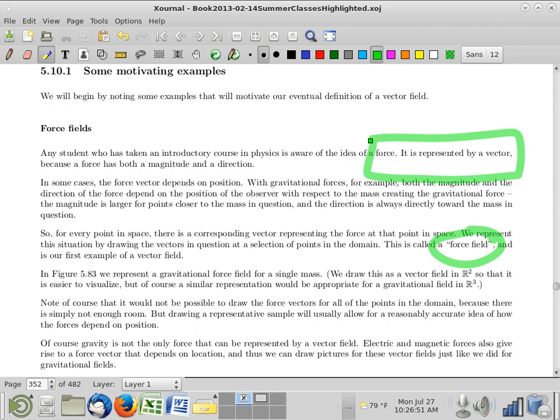This remote control is not applying a force that way to my hand. It's applying a force that way to my hand. So magnitude and direction. A force field is a very closely related idea, and it's just an observation that sometimes you have forces, namely vectors, associated to particular points.